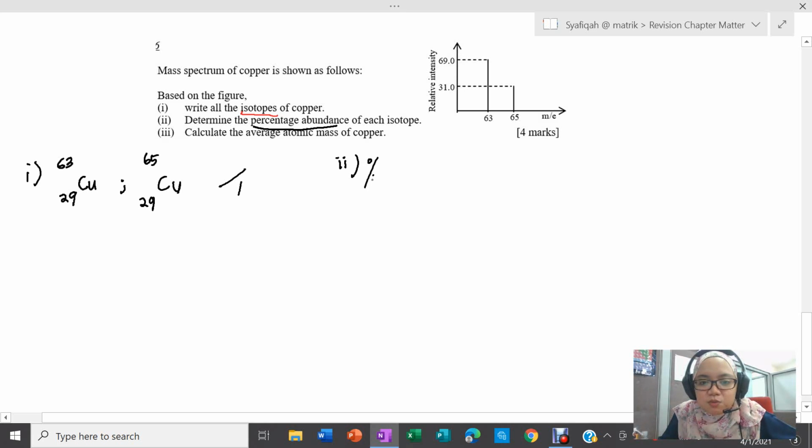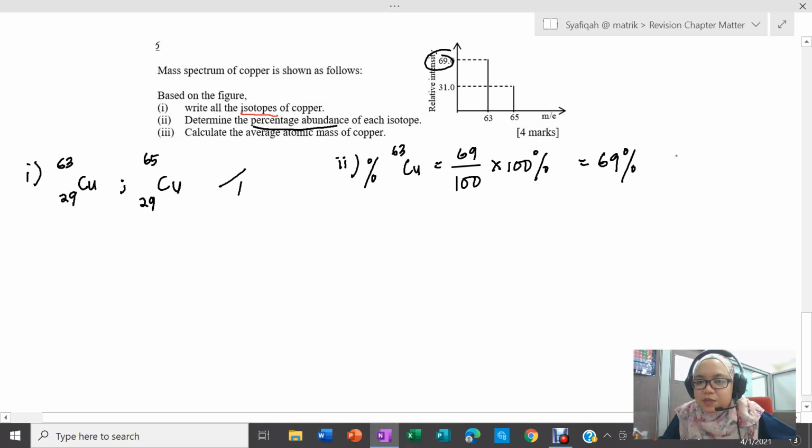Okay, first you buat macam ni, percentage of, for example, 63 copper, equals to 63 copper, 69 kan? So, 69 divide by 100. Sebab apa 100? Sebab 69 plus 31, 100 total dia. Times dengan 100%. Sebab kita nak dapat dalam bentuk percentage. So, you will get 69%.